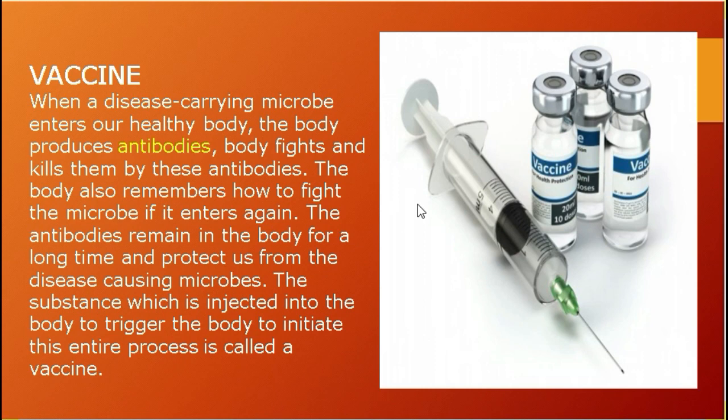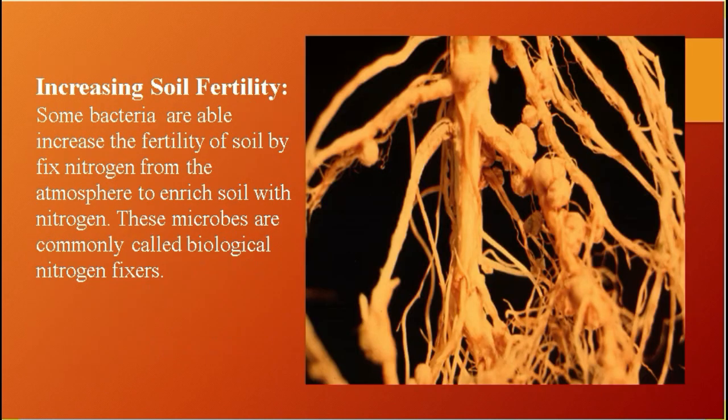So if dead or weakened microbes are introduced in a healthy body, the body fights and kills them by producing suitable antibodies. And these antibodies remain in our body and we are protected from the disease causing microbes. Now moving on towards the next slide.